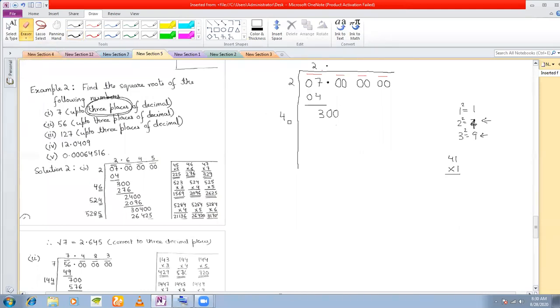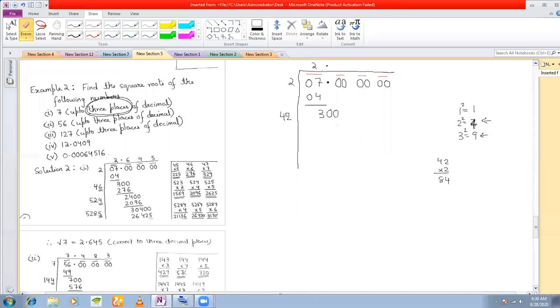Okay, so let's see. 41 into 1 is 41. That is trivial. So let's try with a 2. 42 into 2 is 84. It is way less than 300.